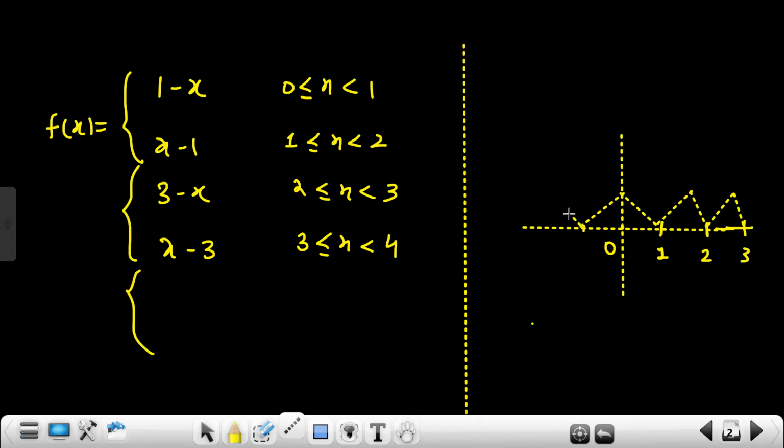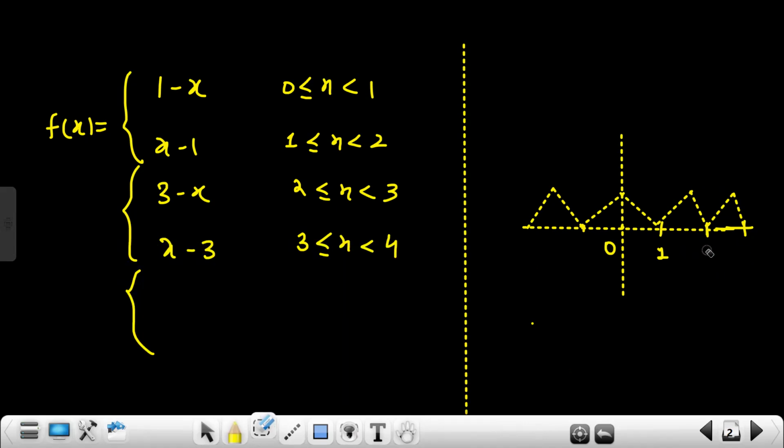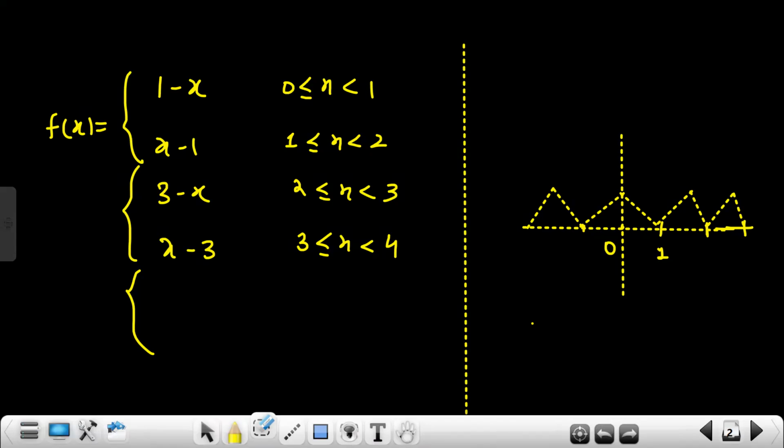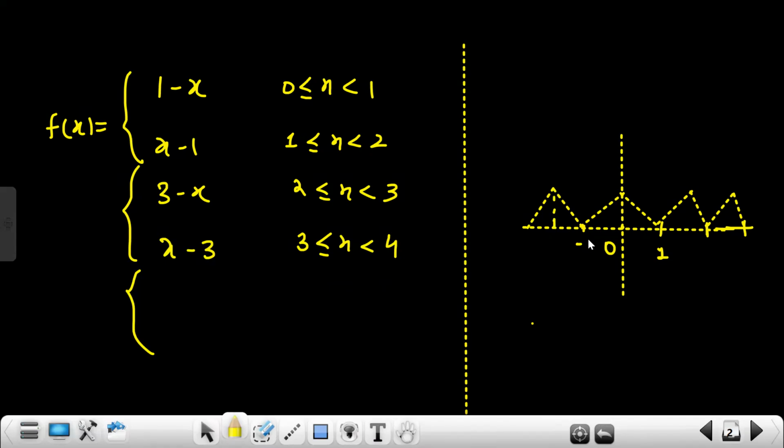It is symmetrical. So the function you will get like this. This is -1, -2, this is 2, this is 3, like this.